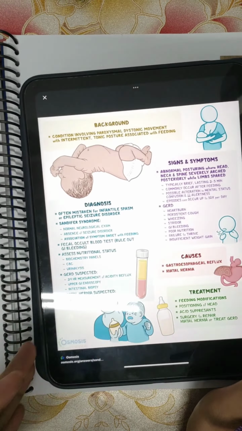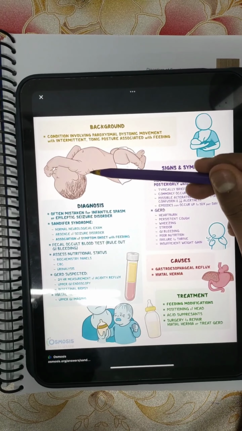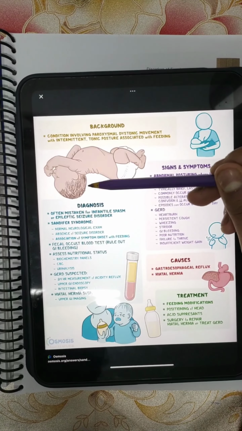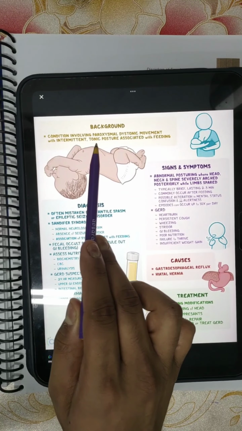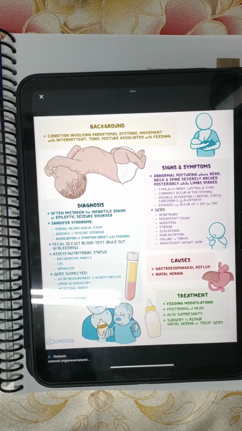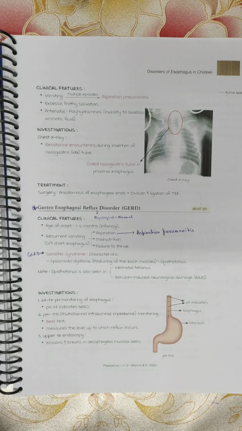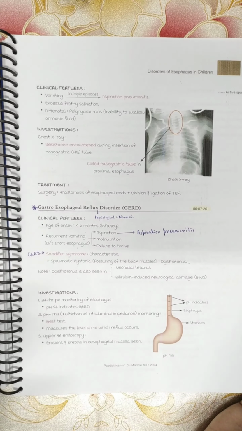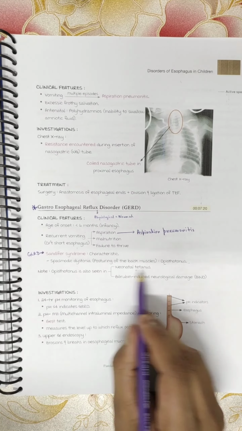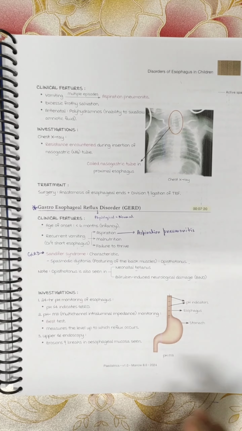You can see this as well. These are the back muscles, they show dystonic movement with intermittent tonic posture associated with feeding. So this is opisthotonus, which we can also see, obviously, in tetanus, neonatal tetanus, and BIND, that is bilirubin-induced neurological damage.